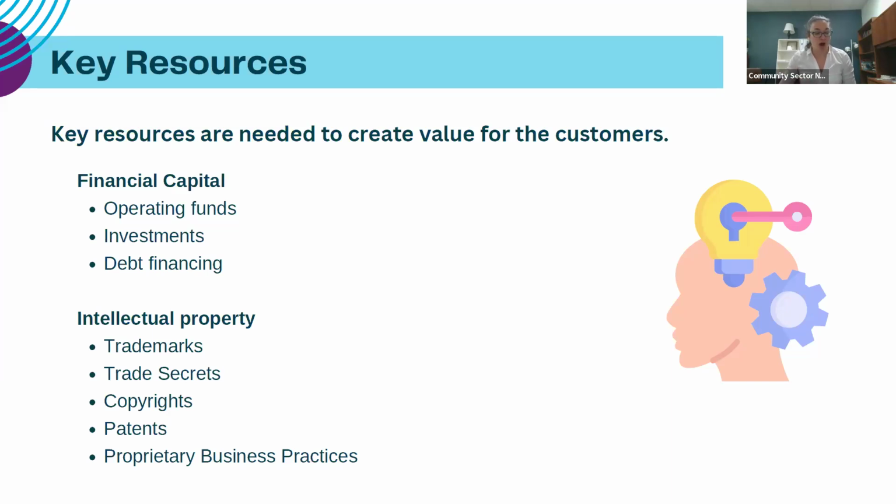Whereas if you're in a problem solving space where you're doing more service based offerings, then a lot of your resources might be more human resources in terms of client outreach and client meetings and support, and then the intellectual property around what you're developing to give to your customers.